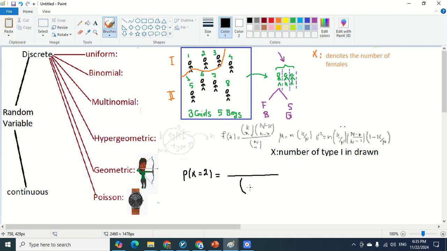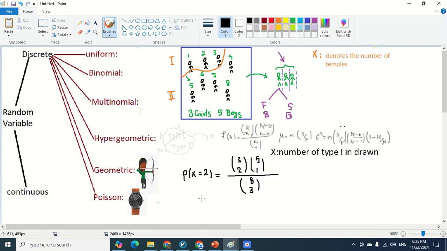Right now we select 3 students out of 8, and to calculate that case, 2 students should be selected out of 3 possible students, and the remaining one, 1 student, should be selected out of the boys or male students. So the result can be calculated by evaluating this expression.